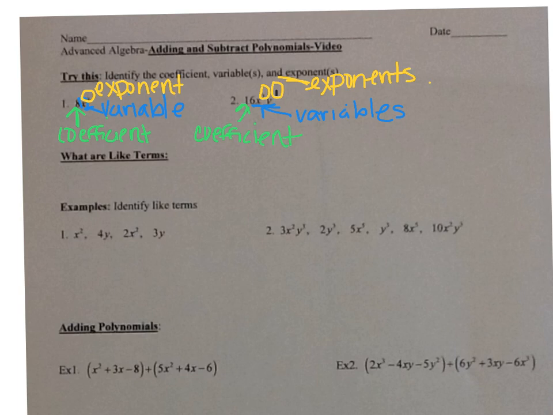All right, so let's take a look at what like terms are. So hopefully you will remember that like terms are when you have the same variable. So let's write down same variable with the same exponent.